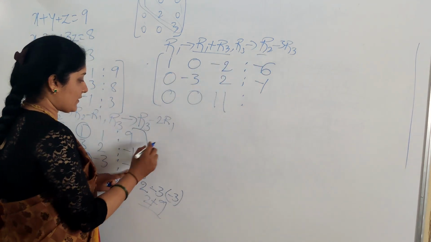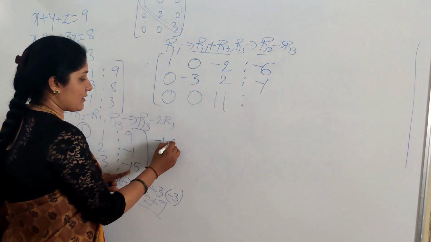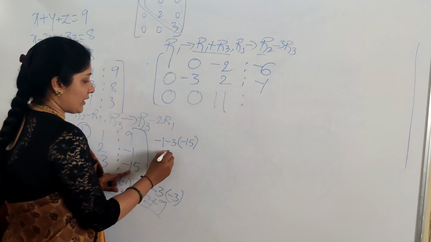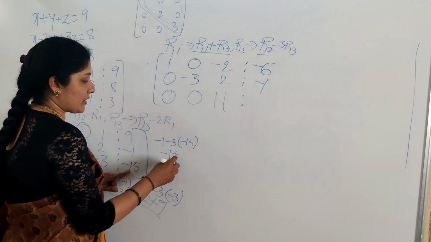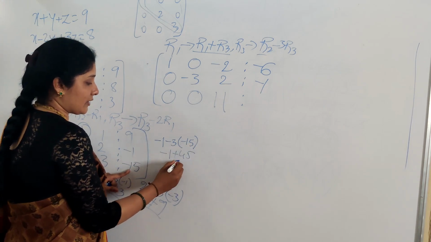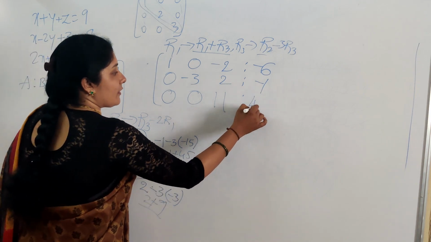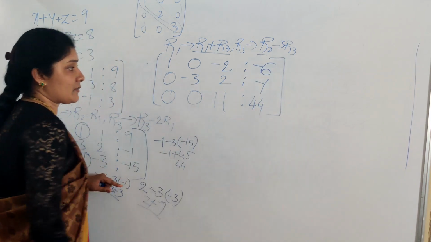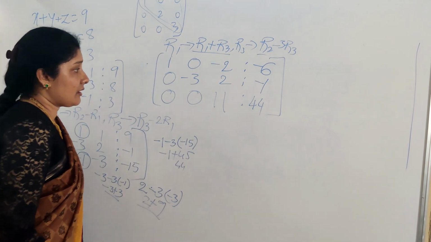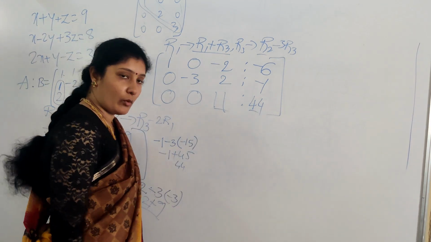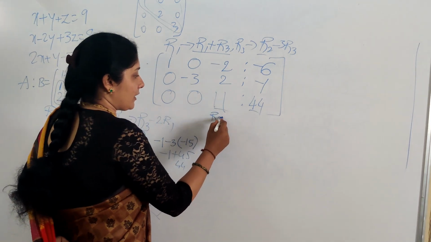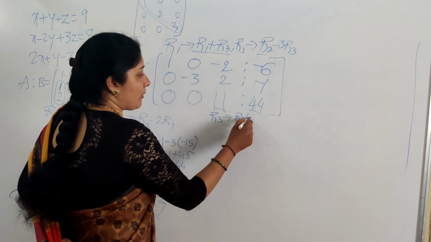So, R2 is minus 1 plus 3 into R3, that is minus 15. So minus 1 minus into minus becomes plus. 15 3s are 45. Therefore, it is 44. So, this we got. Now, one more thing we can do. See here, 11 and 44. We can simplify this. How? By dividing R3 by 11.